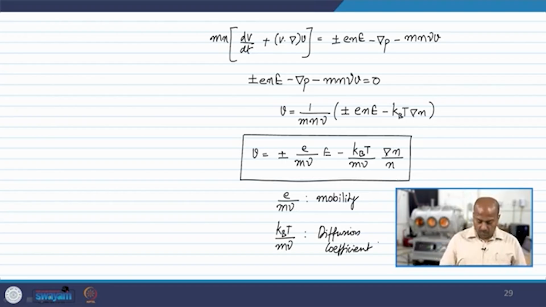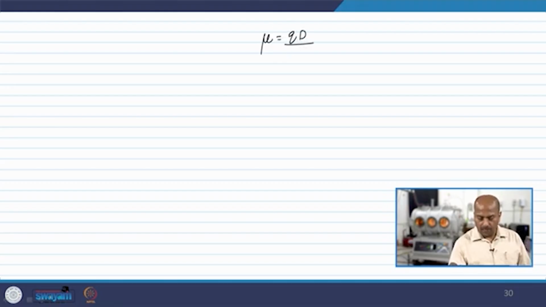So, we can write the transport coefficients suitably adjusted, and we can write μ as qD by kBT. So, we have gotten rid of the collisional frequency in the mobility expression.